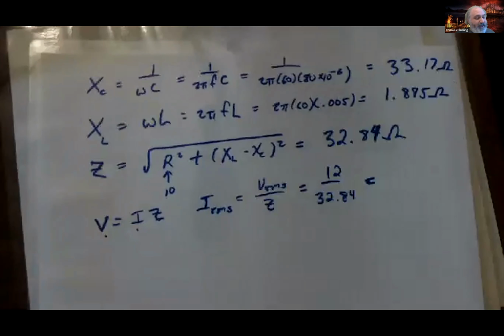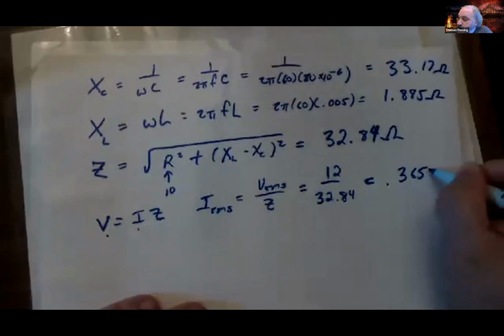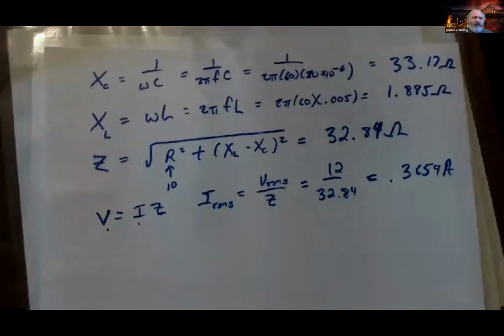So in that case, I'm going to have an RMS current of about 0.3654. Notice I'm keeping 4 sig figs because I usually like to round down to 3 at the end, but I always keep extras along the way. And we have a lot more math to do.